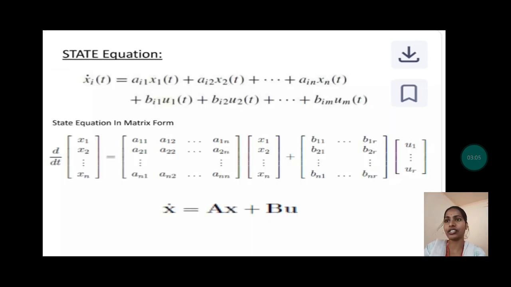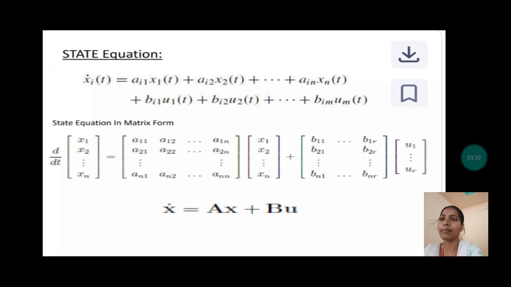Firstly, the state equation. xi dot of t is equals to ai1 x1 of t plus ai2 x2 of t plus and so on ain xn of t plus bi1 u1 of t plus bi2 u2 of t plus and so on bim um of t.